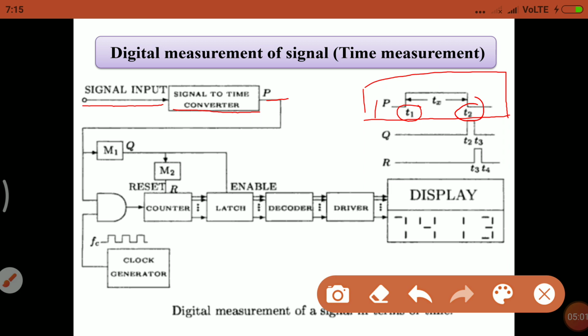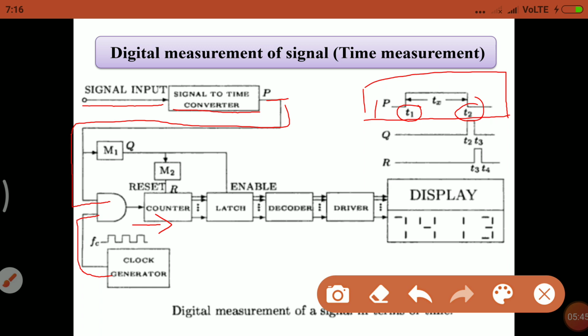This Tx pulse width is given to one input of an AND gate. Now the second input of the AND gate is the clock generator. If you see here, the clock generator is given to the second input of the AND gate. Now we know that in an AND gate, if the two inputs are 1 and 1, at that time the AND gate is activated and it gives the signal to the next circuitry. So here the counter is used. This counter counts the number of pulses.